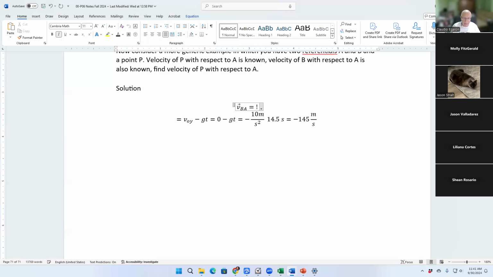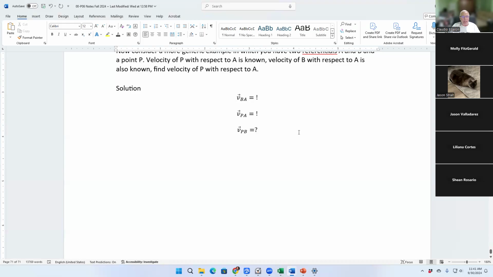So I just put this exclamation point, okay? This exclamation point means that the velocity of B with respect to A is none. Velocity of P with respect to A is also none. Just setting up the problem, repeating what I wrote down there, okay? So what we want to do is find the velocity of P with respect to referential B. Here's the question mark, okay?